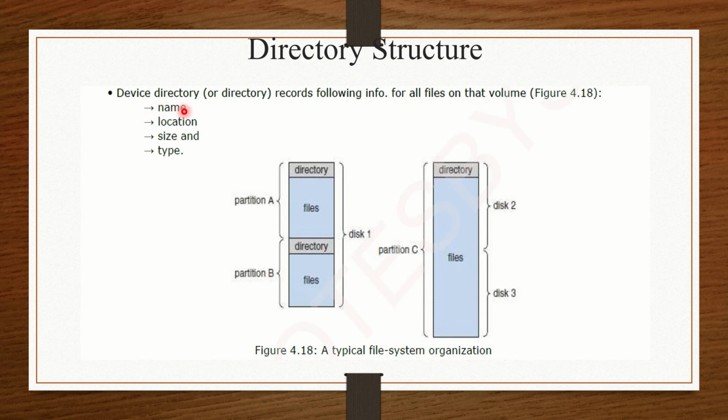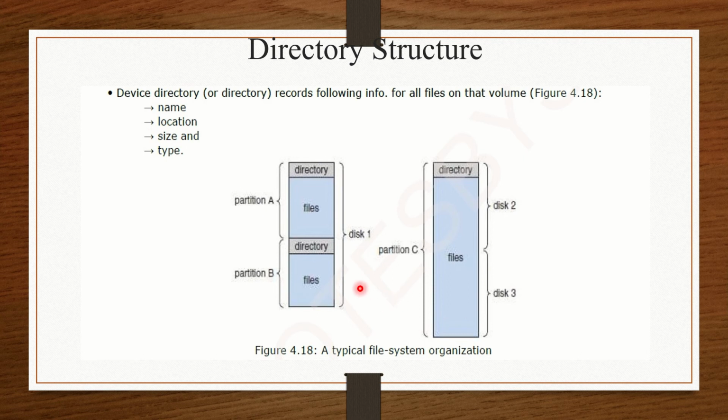The information is the attributes of that file: its name, its location, its size and its type. What is type? It is the extension, like .txt or .ppt. That is nothing but the type. So this information is also stored inside the directory. Not only the files, but these attributes, the information about the files, are also stored in a directory.